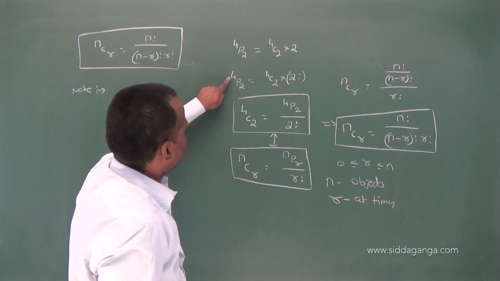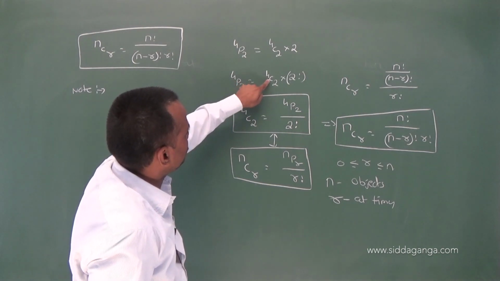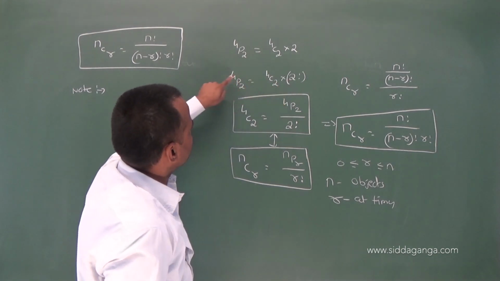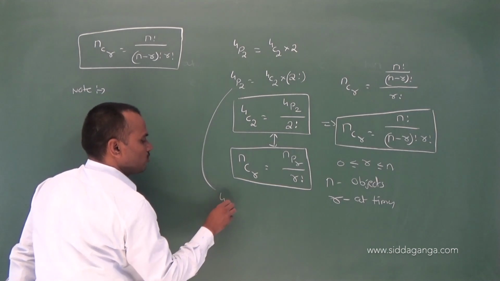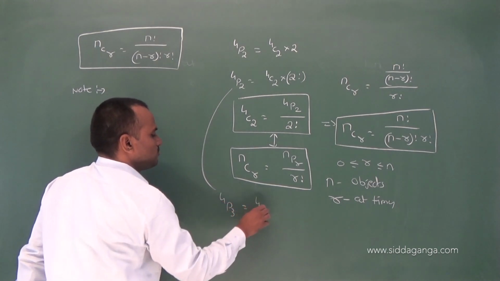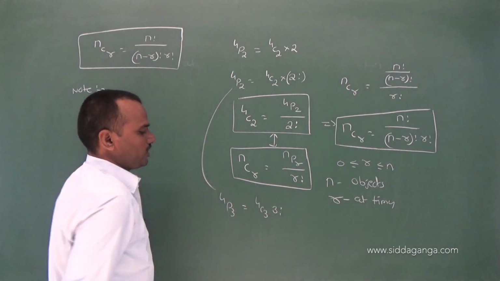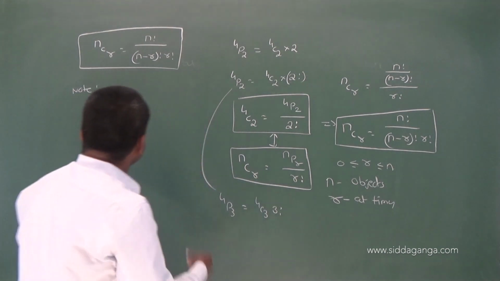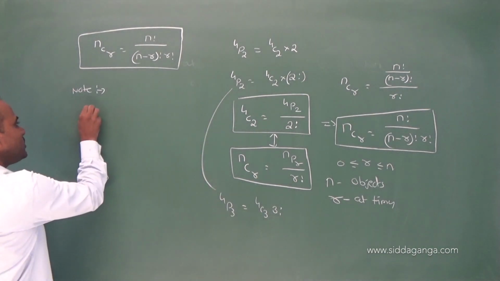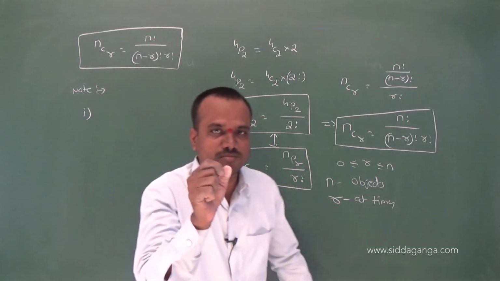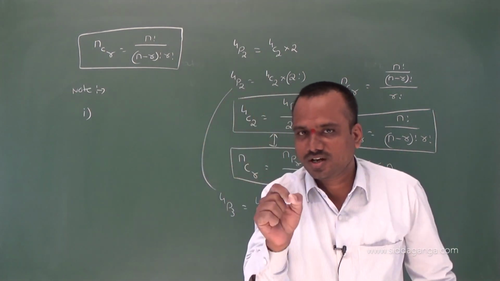Observe this: 4P2 is equal to 4C2 into 2 factorial. Similarly, 4P3 is equal to 4C3 into 3 factorial.